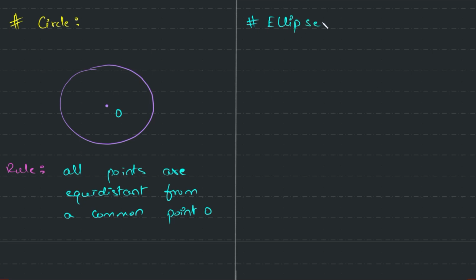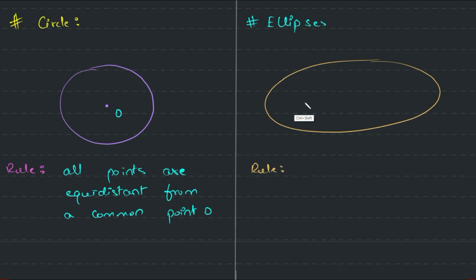Now, what we have is the ellipse. Here too we have, of course, a definite structure, right? A definite condition, a definite rule. What is that rule? Here we are fixing 2 points, and I'm calling them F1 and F2.